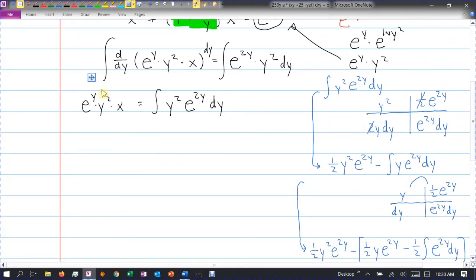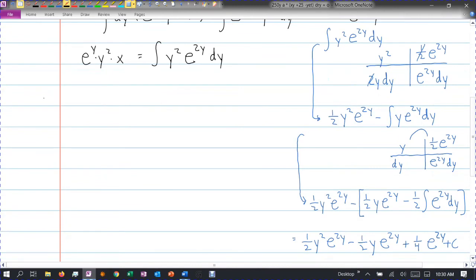Yeah, okay, good. Alright, so now we have e to the y, y squared x equals 1/2 y squared e to the 2y minus 1/2 y e to the 2y plus a fourth e to the 2y plus c.